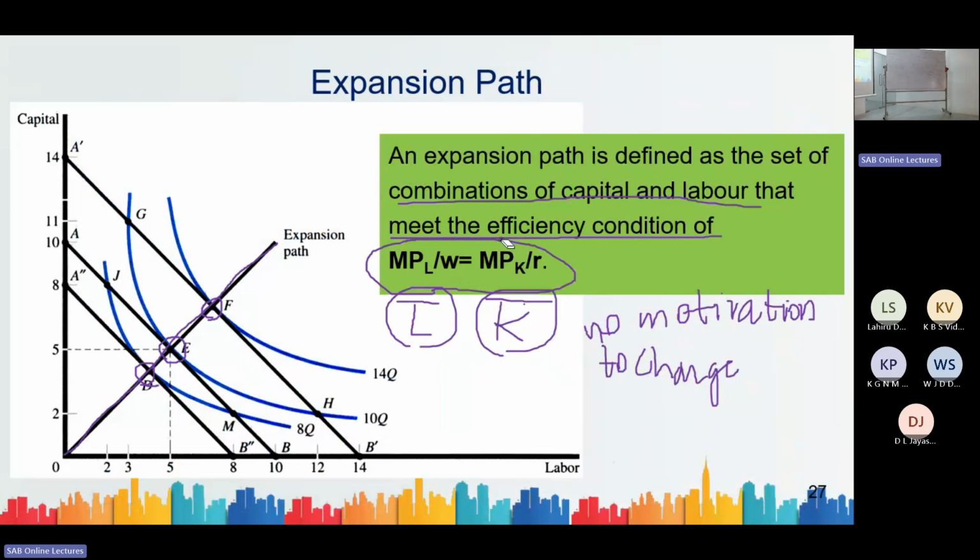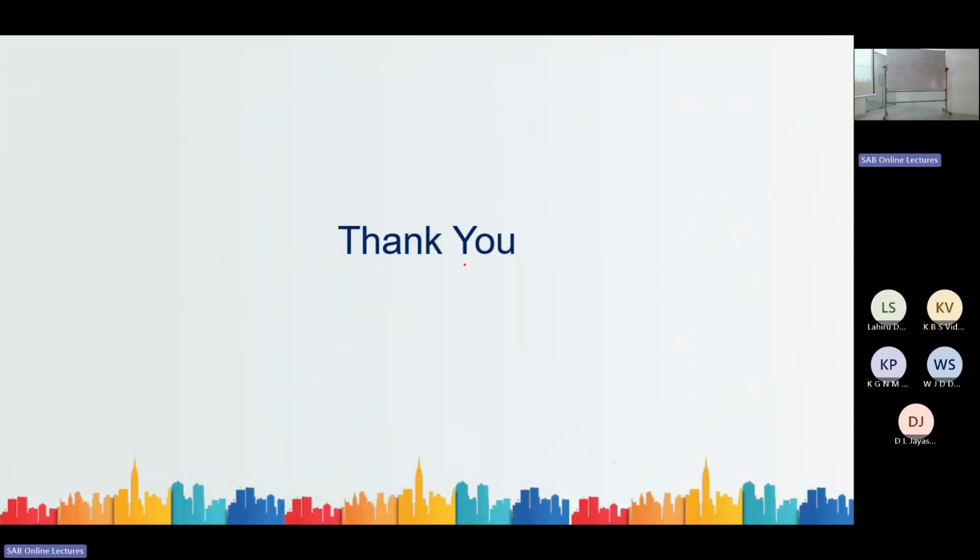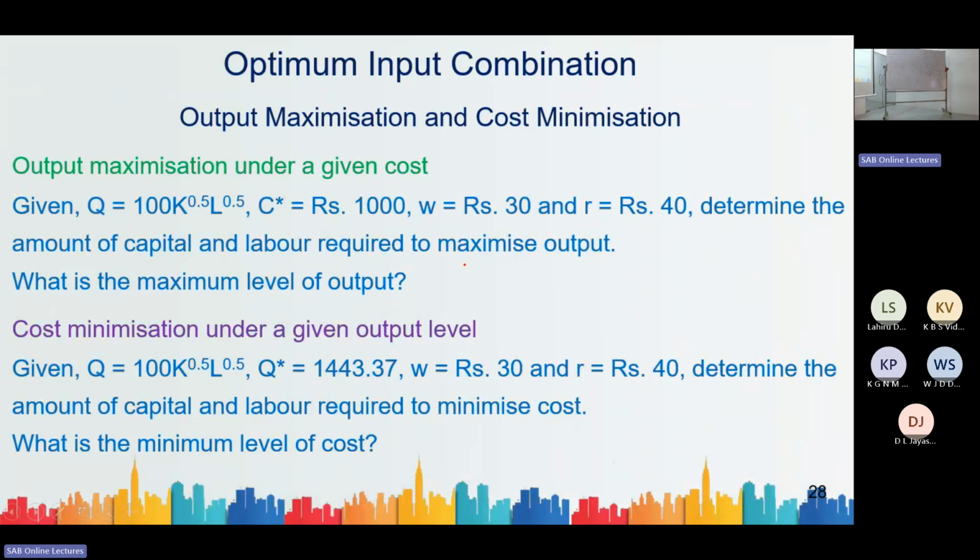And you should be able to interpret this expression economically and meaningfully, and explain why only this is the equilibrium condition, why this is not an equilibrium, and also why this is not an equilibrium. That part is also expected from you. Okay, that's all about long run production theory.